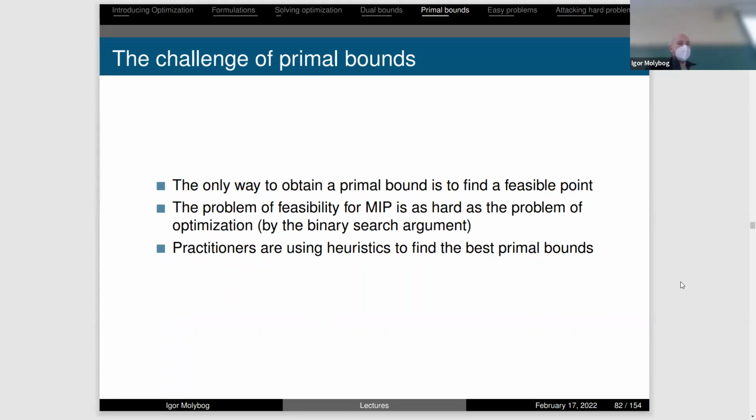So it's not a trivial problem mathematically. Essentially, feasibility problem is equivalent in terms of computational complexity to the optimization problem. So essentially, we are trying to solve a problem in order to start solving the problem, which is kind of contradictory.